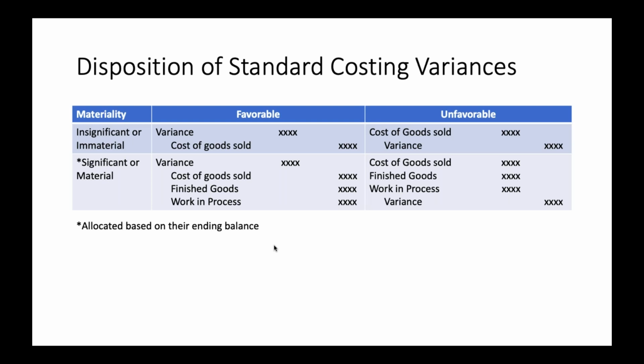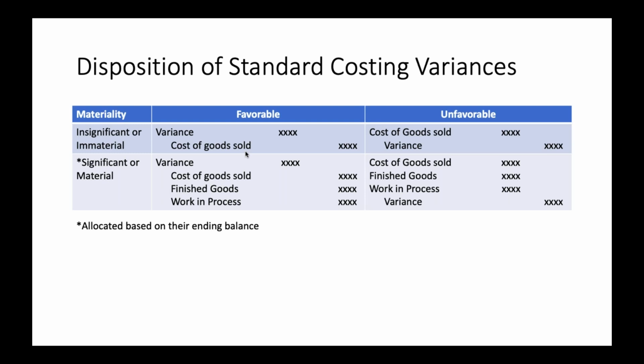This is the same as accounting for factory overhead that we learned already, that if the variance is significant, it will be allocated to the ending balance. If it is insignificant, then close it to the cost of goods sold.